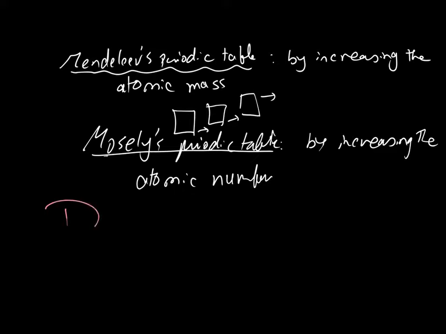Then we need to describe the periodic table. The periodic table has an arrangement of elements in order of their atomic number so that the elements with similar properties fall in the same column or group.